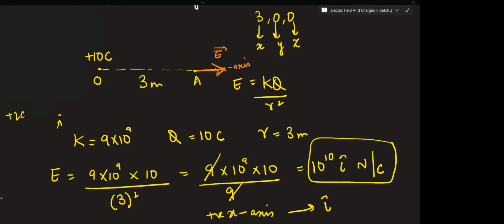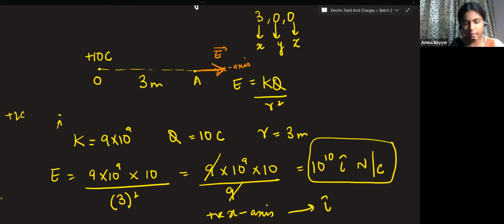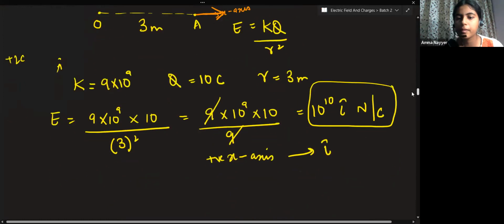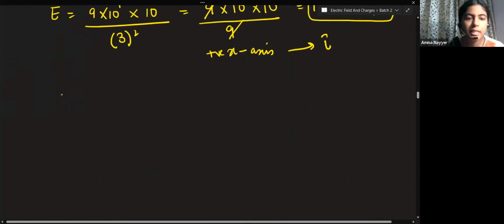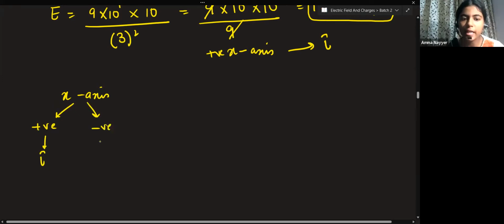So what is it for y-axis? Okay, let me just write it down. That will help you remember. See, if you have x-axis, so for positive x-axis, you write I cap. For a negative x-axis, you write minus I cap. For y-axis, had it been moving upwards, the direction would have been upwards.